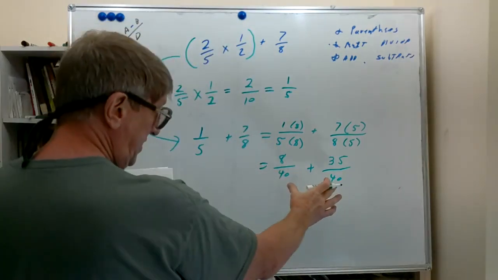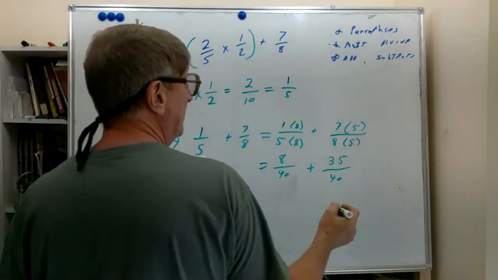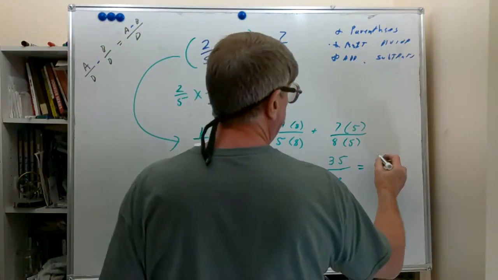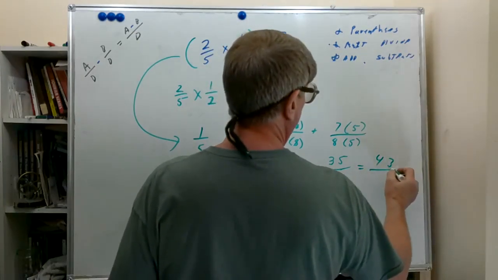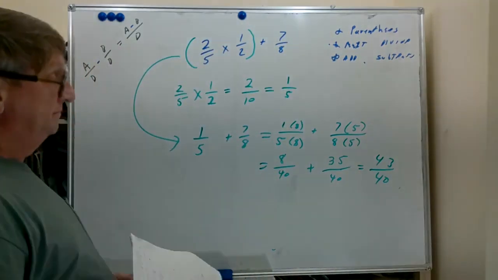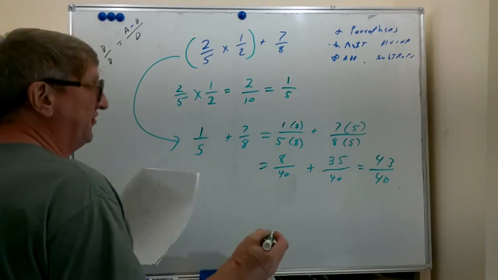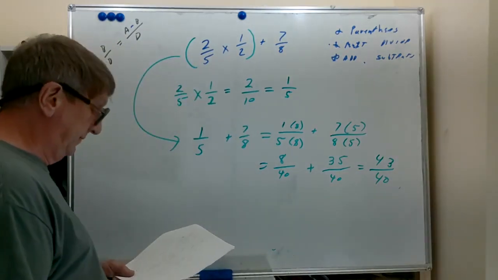Now we have a common denominator. We can add the numerators together, and 8 and 35 is 43 over 40. Now, we've come up with something. This is the first time I think that we've seen the numerator larger than the denominator.